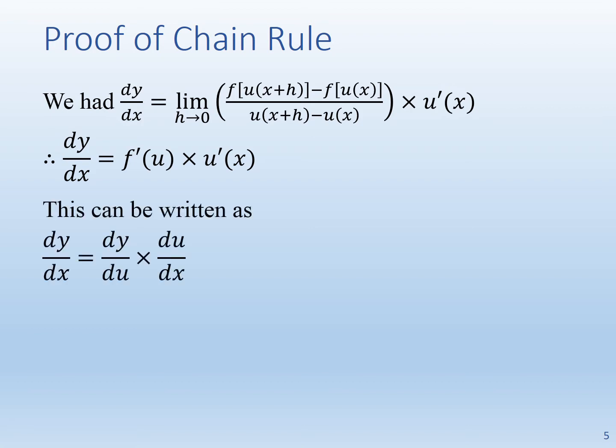And we can rewrite that as dy dx is dy du, the derivative of f with respect to u, and this is of course du dx. And the y is f of u of x, so ultimately f would be a function of x.